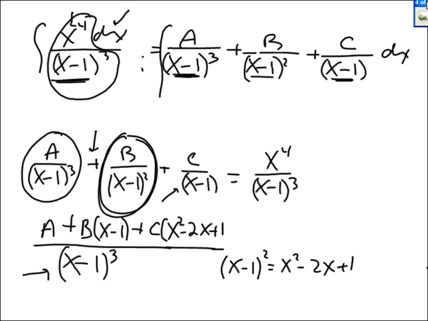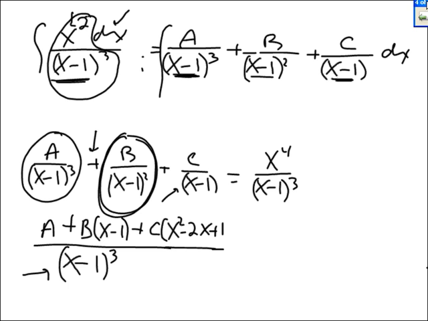Okay. So we clean up the numerators and we set it equal to x to the 4th. Interesting. Very interesting. How about x squared on top instead?